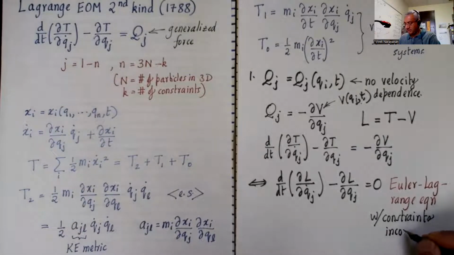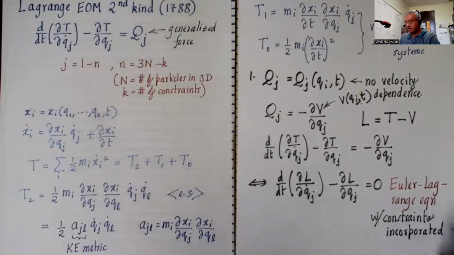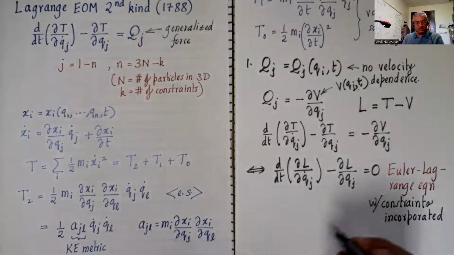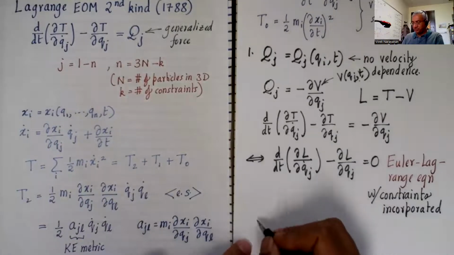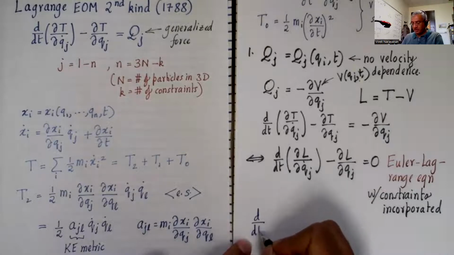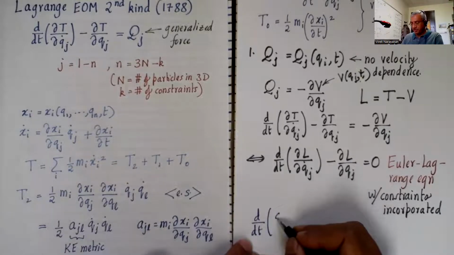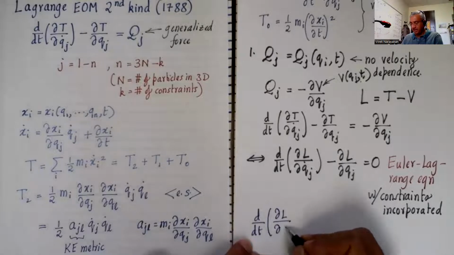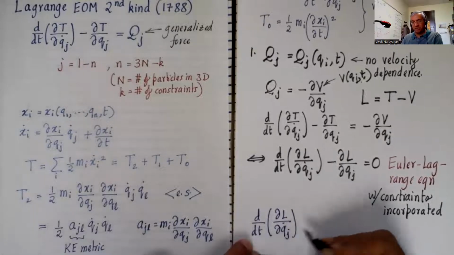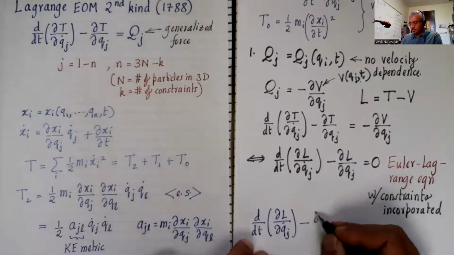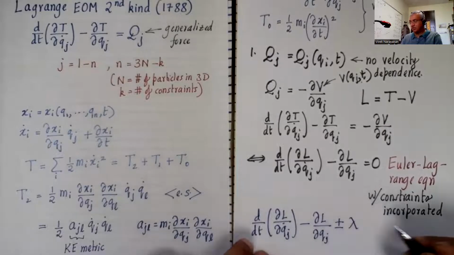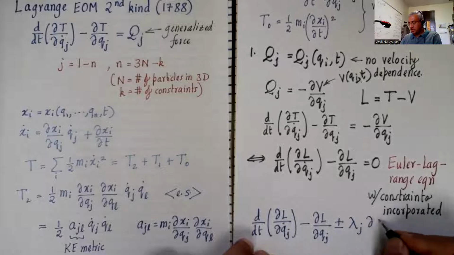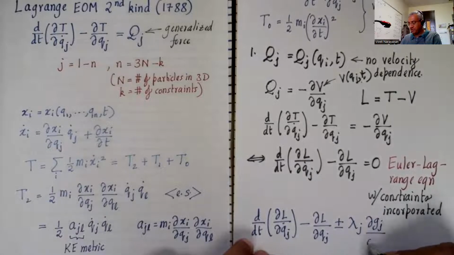Then we have to use Lagrange multipliers. So we have to write the equation as follows. There are two conventions here. The Lagrange multipliers can appear with a plus or a minus sign. So I can write this as del L by del Qj, plus or minus lambda j del Gj over del Qj.